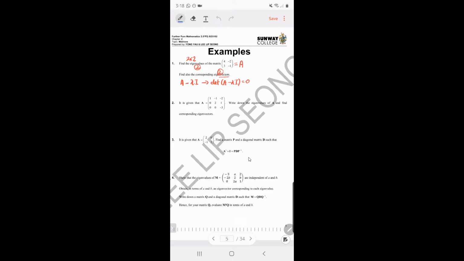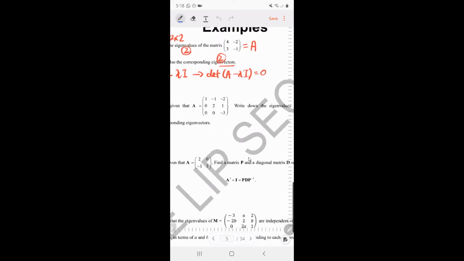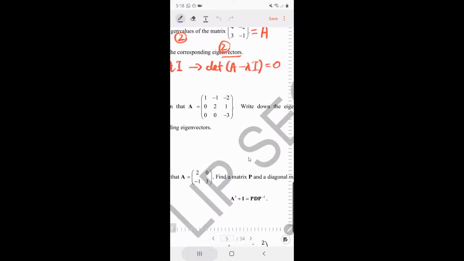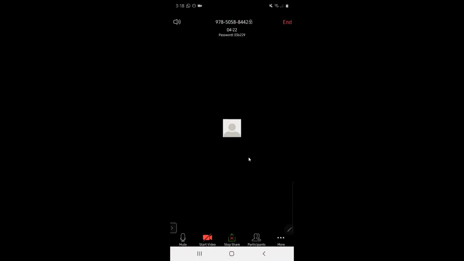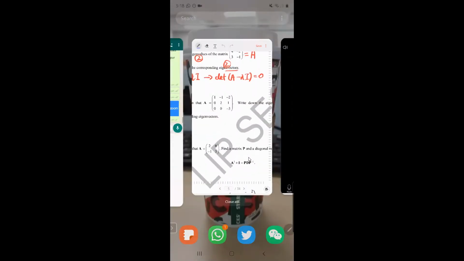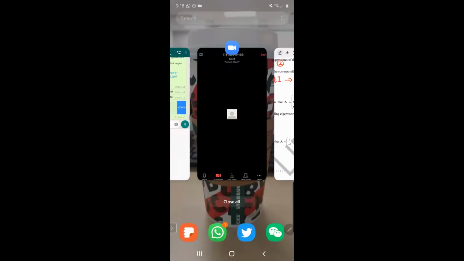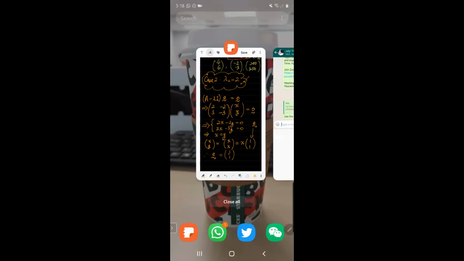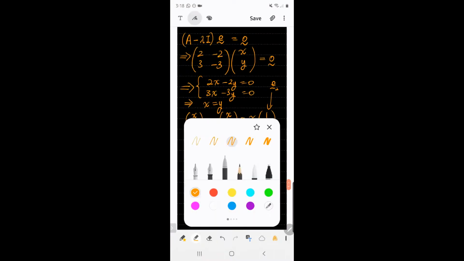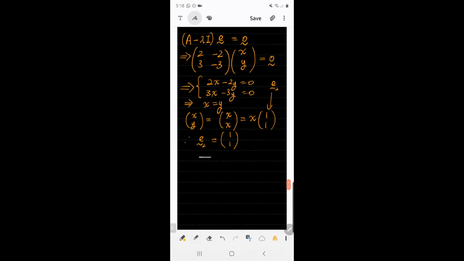All right, so we are going to look at this matrix A. 1, 0, 0. No, I have to remember the column first. Sorry, the diagonal: 1, 2, negative 3. Question 2. Okay. So question 2, I write down A minus lambda I equals to.